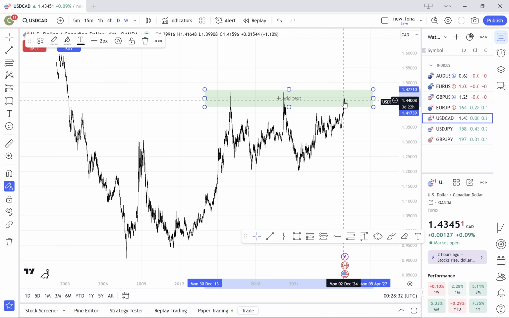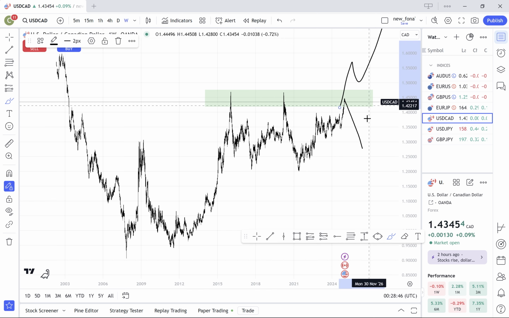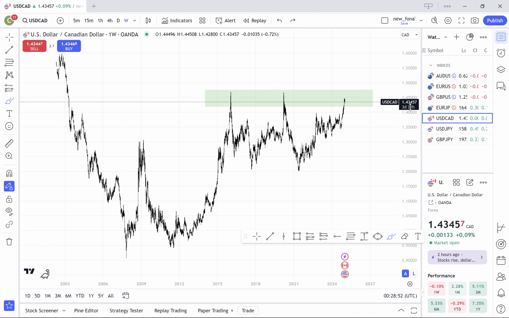So the price could either go all the way down, so let me use my pen tool to quickly draw it, or it can do that. I can't estimate it perfectly, so it's not going to be a good position to take a trade in.